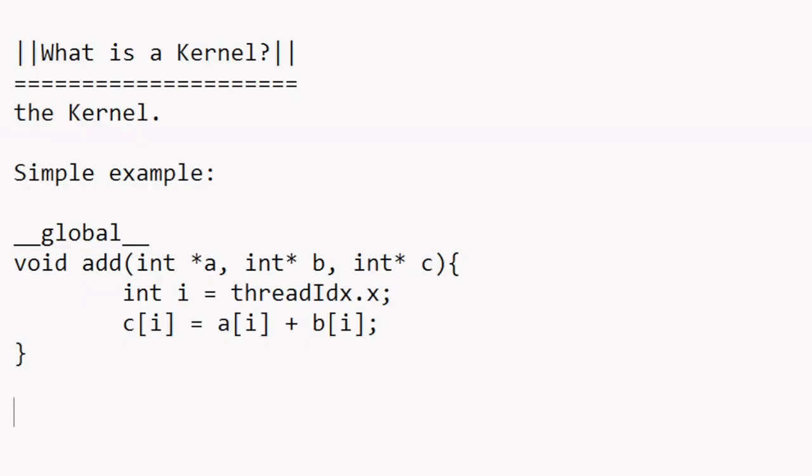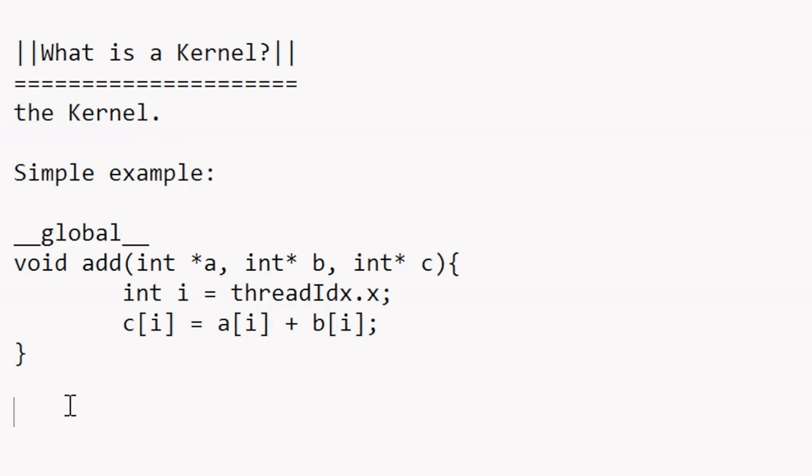Let us break it down. The keyword __global__ tells the CUDA compiler that this function is a kernel. What does that mean? It means two things.